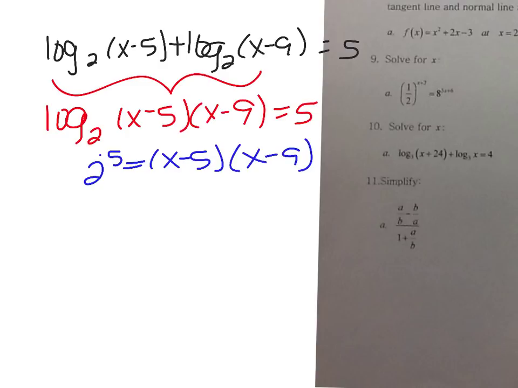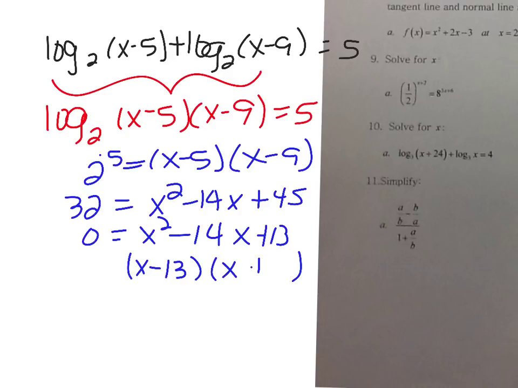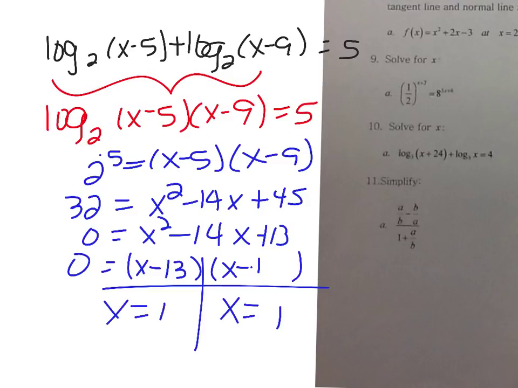So 2 to the 5th is 32. Distribute, we get x squared minus 14x plus 45. So I get 0 equals x squared minus 14x plus 13. Factor, we get x minus 13, x minus 1. T-chart, we get x is equal to 1 and x is equal to 13. Check it, this one does not work.